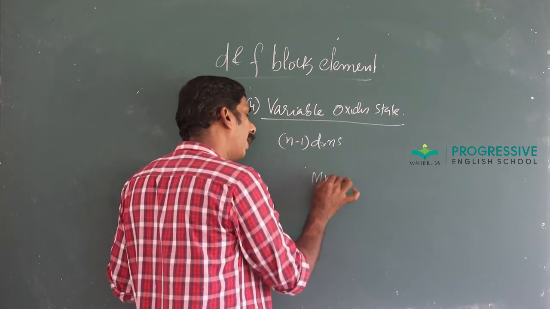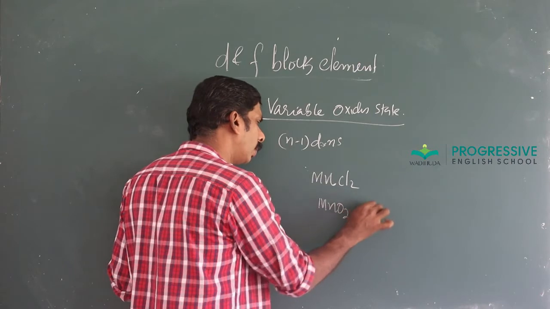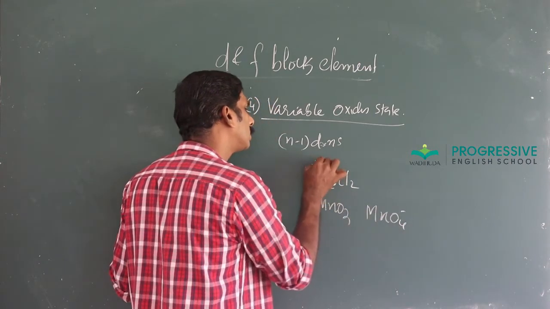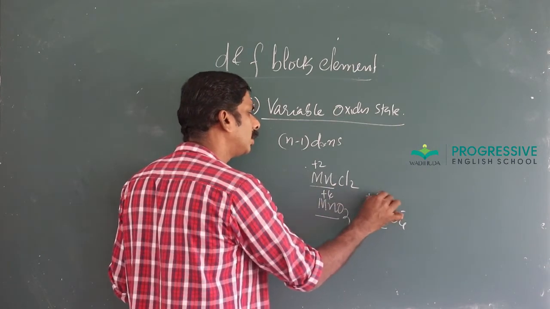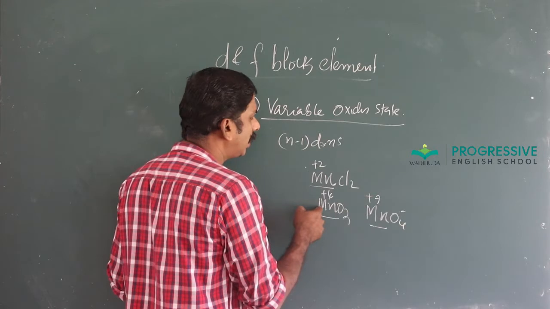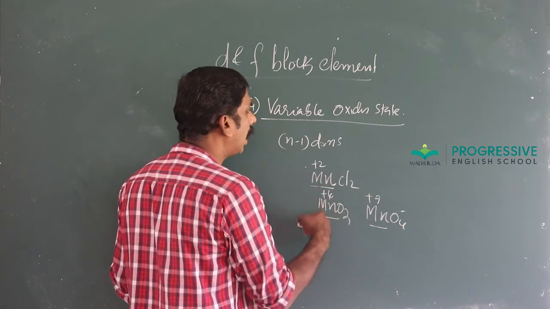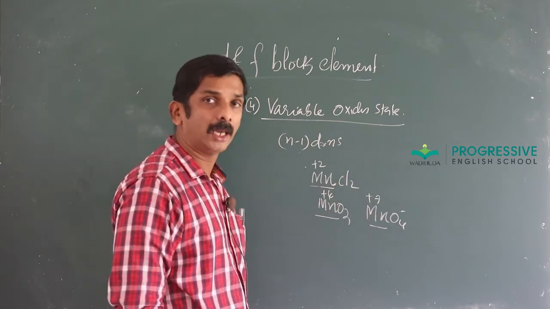Therefore, manganese is a transition metal: MnCl2, MnO2, MnO4 minus, etc. Here the oxidation state is +2, here it is +4, and here it is +7. Transition metals exhibit variable oxidation state because of the comparable energy between (n-1)d and ns.